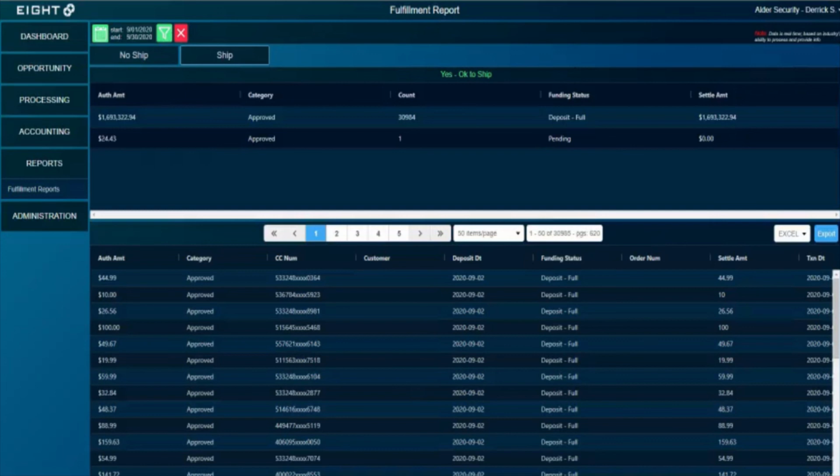So now when they took their orders and they couldn't find them on a ship or no ship side, that identified the 3 million they never ran, because we're not their operations side. I cannot see inside their CRM, so I don't know what cards they haven't ran. So the beauty of this report is, for that fulfillment center, their warehouse, if you cannot find every order on one of these two sides of the equation, you never ran the card.